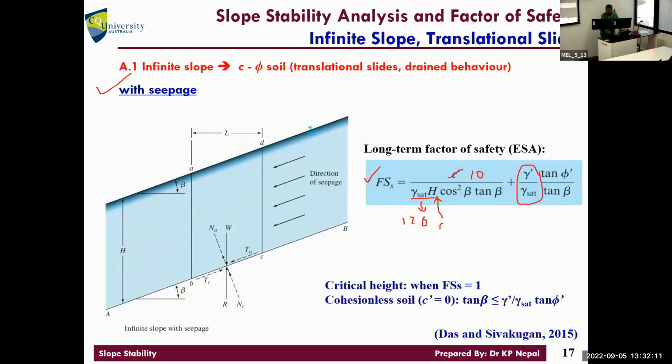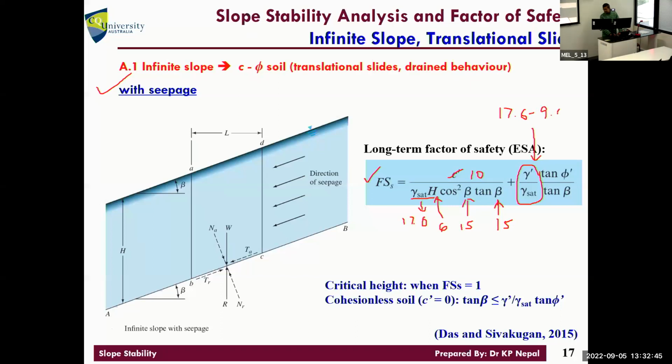Substitute that 6. Beta is 15 degrees, and that's also 15, right? Now we need to calculate the submerged one from the saturated, right? Submerged is just saturated minus 9.81. So that's 17.6 take away 9.81.